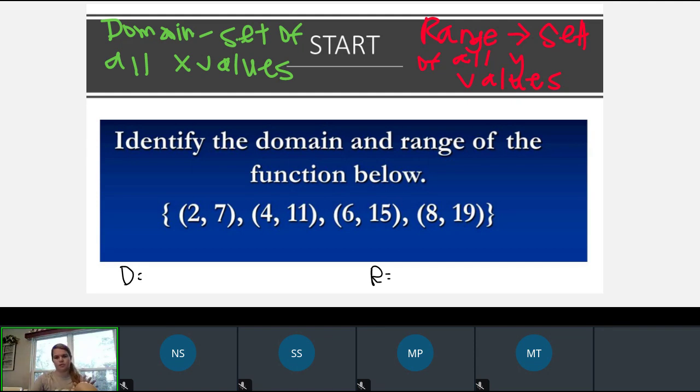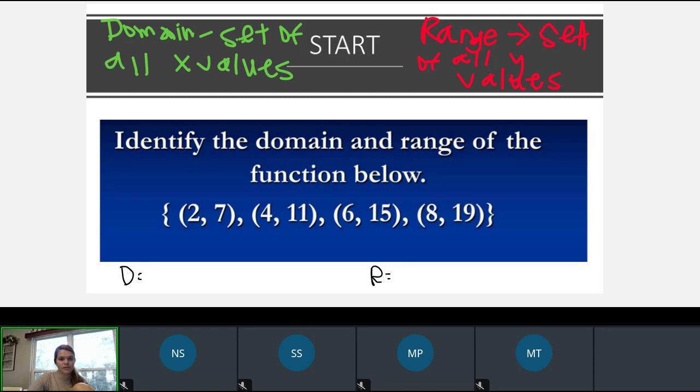X, so then X is domain. If that helps you at all, great. If not, you've already got it down. Totally fine. You don't even have to remember that. But for those of you that might be struggling to remember, that might be a helpful tool.